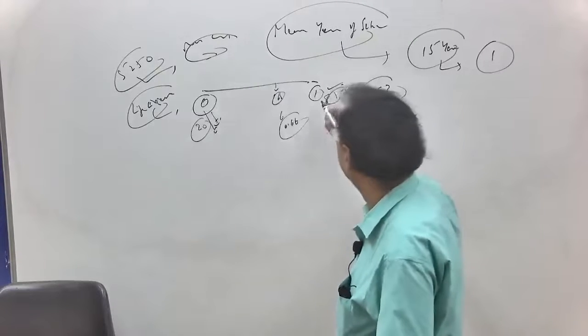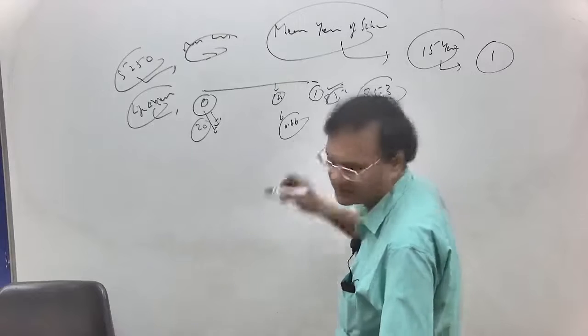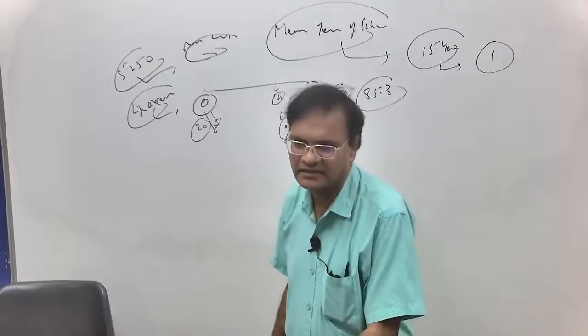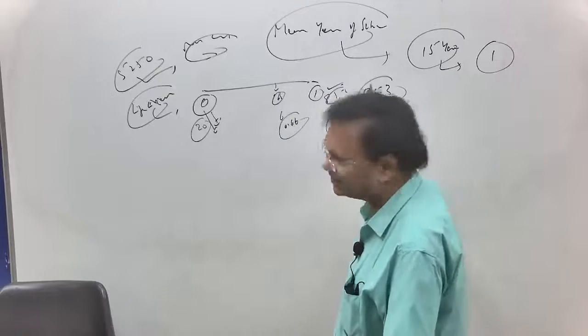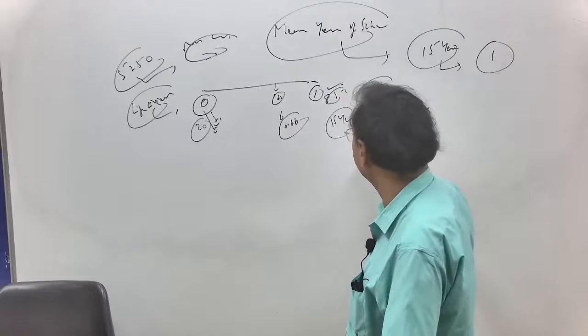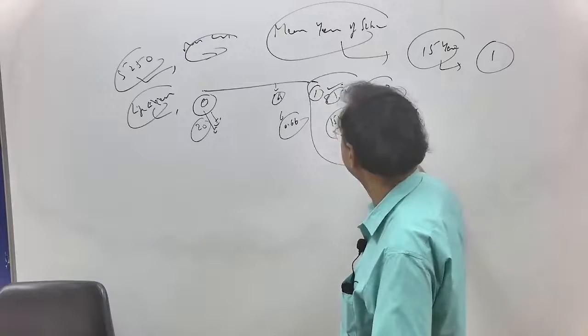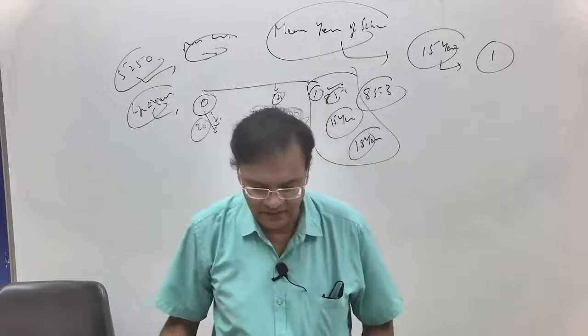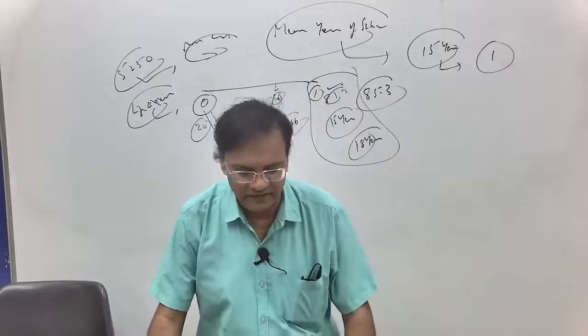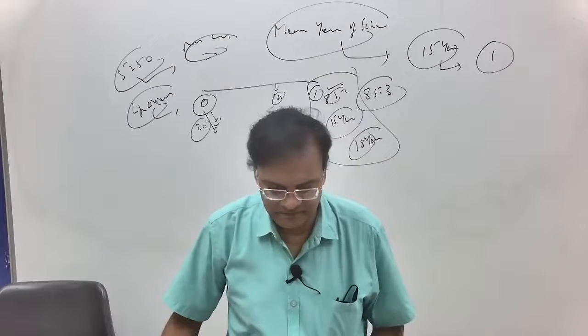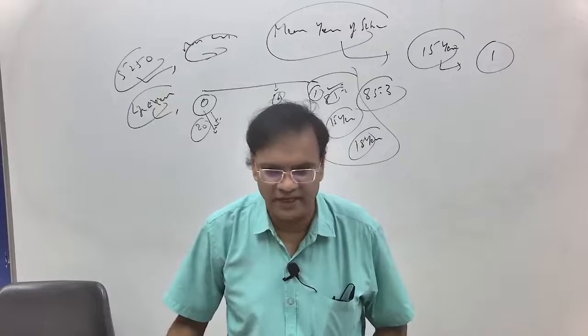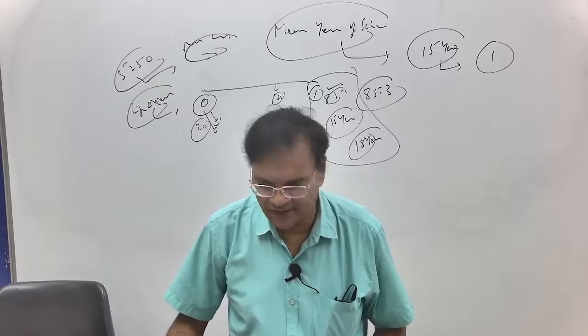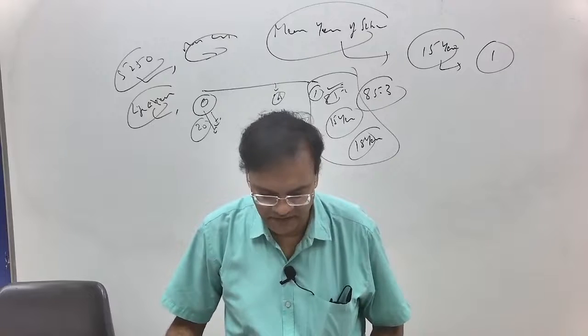On the scale, if you have 15 years of schooling, it is 1. Similarly, if expected years of schooling is 18 years, it is also 1. This is how they calculate it.